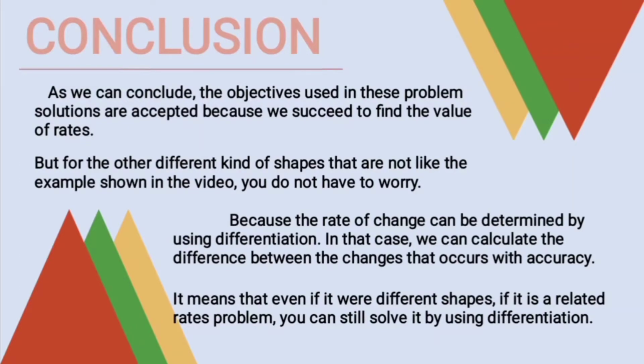In that case, we can calculate the differences between the changes that occur with accuracy. It means that even if it were different shapes, if it is a related rate problem, you can still solve it by using differentiation.